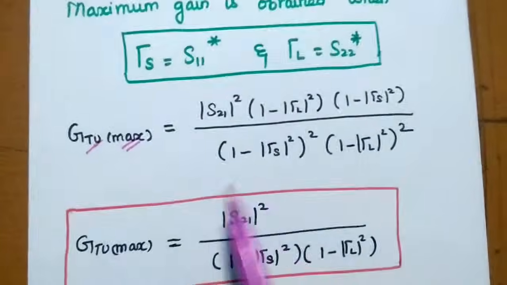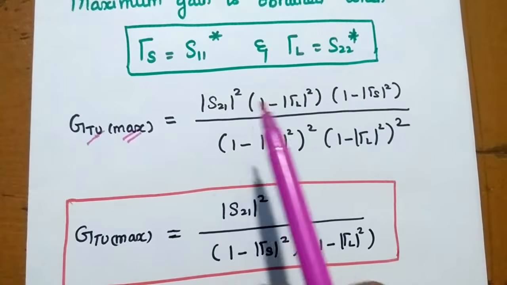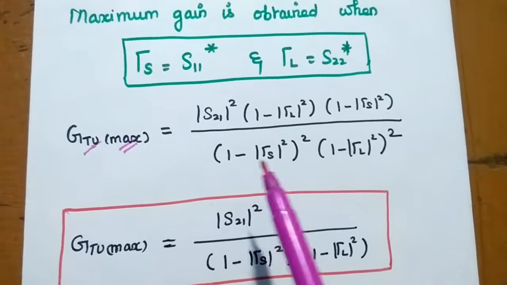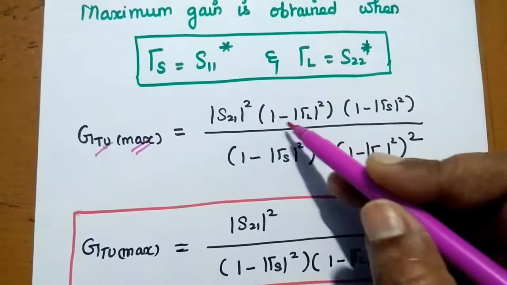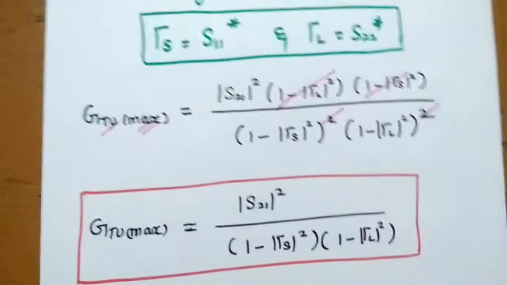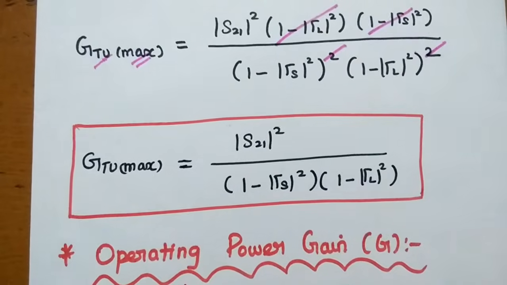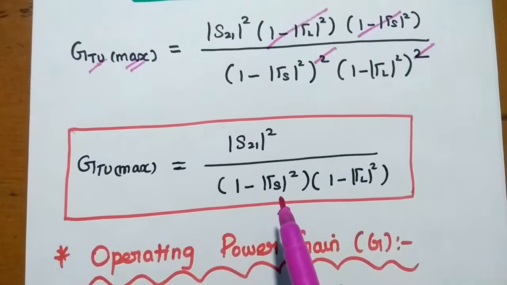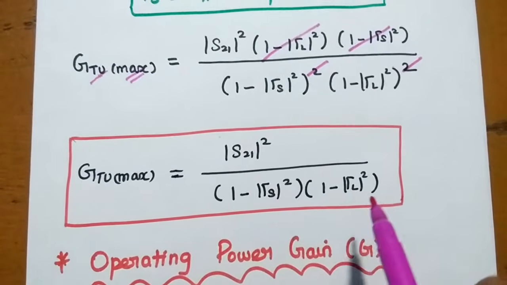The same can be written like this. So the maximum unilateral gain is equal to |S21|² (1 − |ΓL|²)(1 − |ΓS|²) divided by (1 − |ΓS|²)² (1 − |ΓL|²)². We can cancel this with the square term, this with the square term. Finally, we obtain the maximum unilateral transducer gain equal to |S21|² divided by (1 − |ΓS|²)(1 − |ΓL|²).